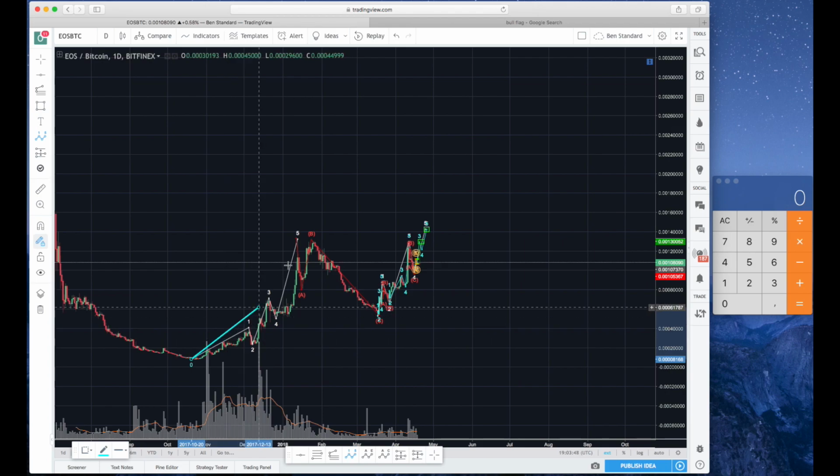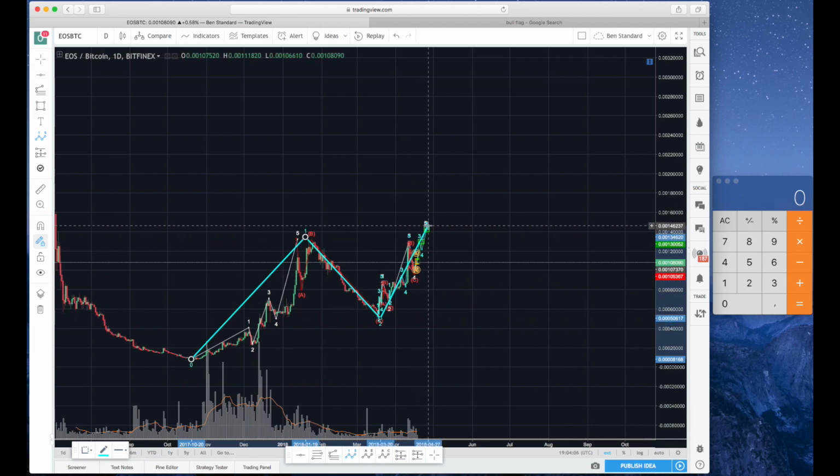So the first 5 waves will form a first wave of a bigger trend, and the ABC will form the second wave.